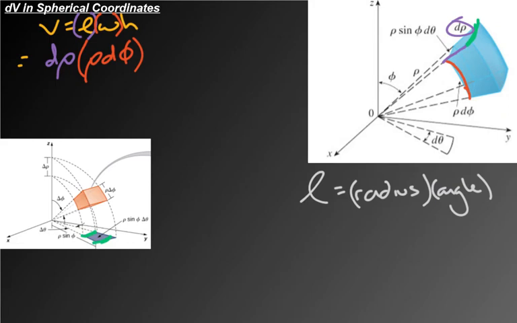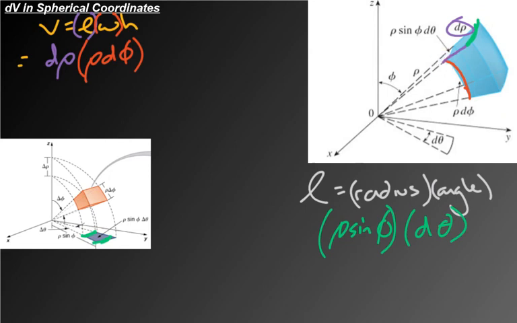So for this green one, the radius is r, the true radius, which is rho sine phi. And then the angle is d theta, right? So you come out rho sine phi, and then you span d theta, and that would be the arc length of that little part up there.